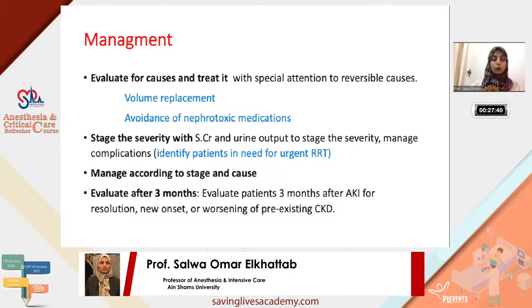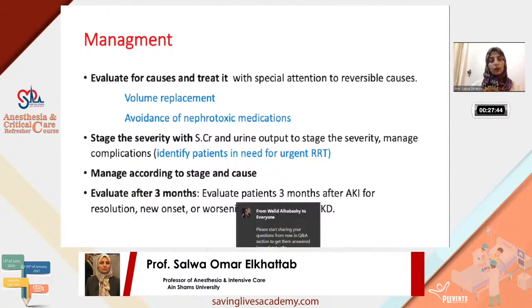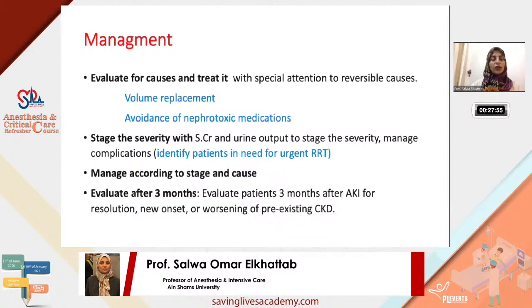We have to stage the severity of the patient, like what we said before regarding the criteria, either RIFLE or other criteria, so we can tell where we are from risk or failure or injury. We are in a severe form or not severe form; I mean, stratifying the risk again. And according to the stage and the cause, the plan will be set for managing this patient.